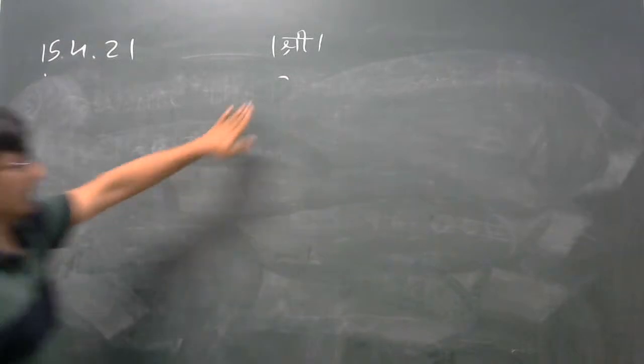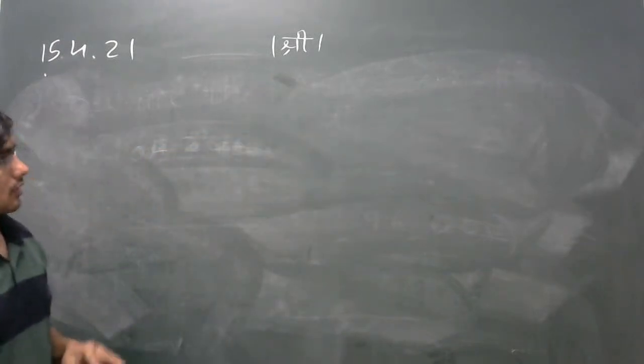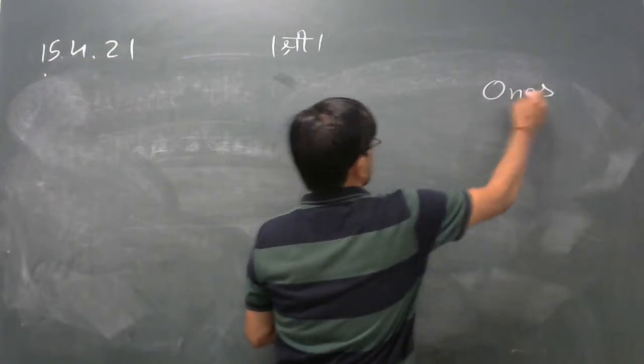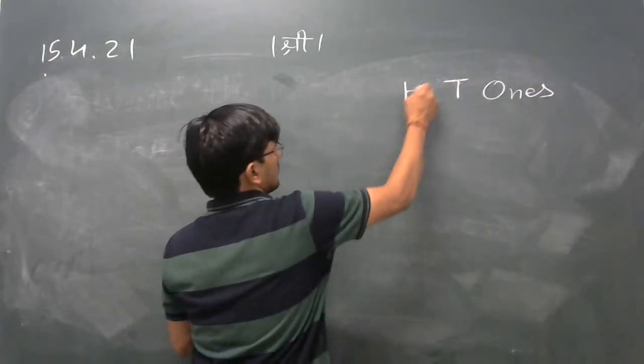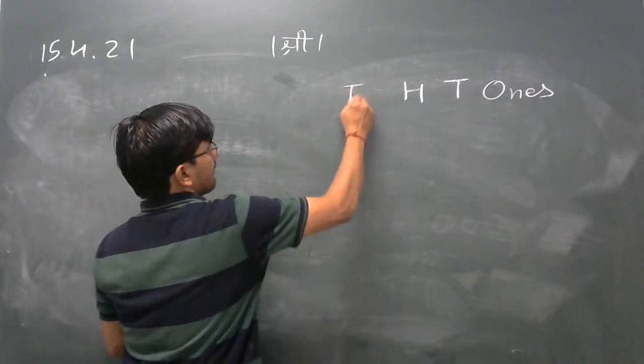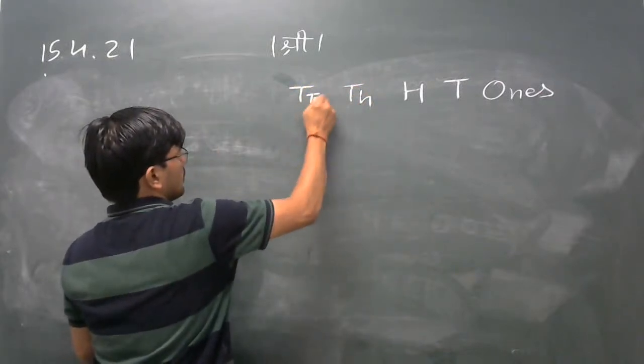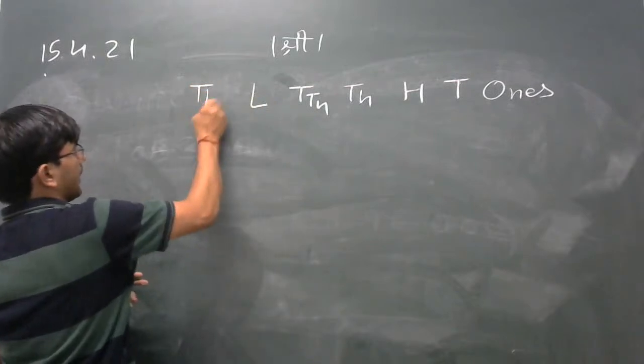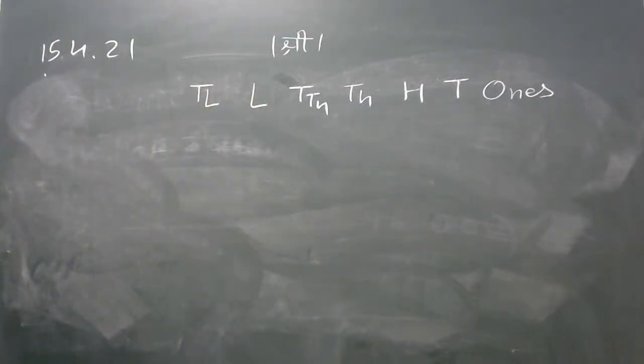In our Indian place value system, we all know we have ones, tens, hundreds, thousands, 10,000, lakh, 10 lakh.